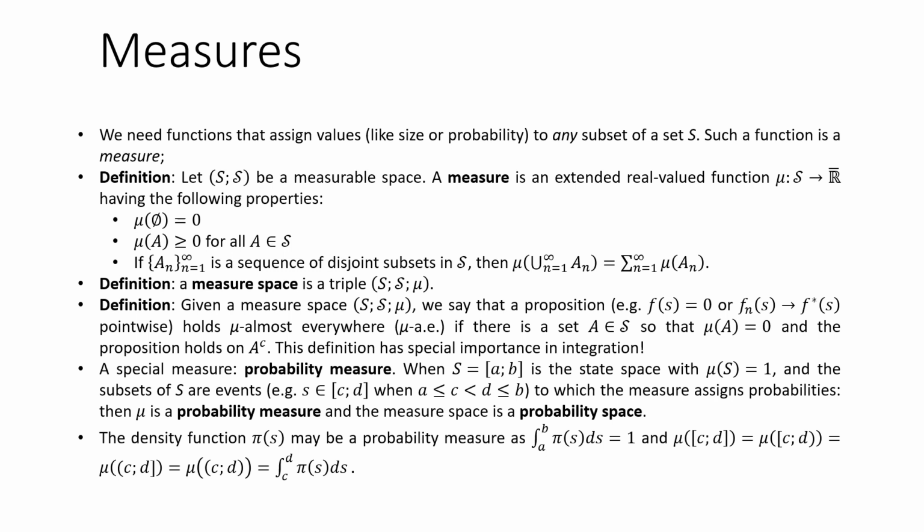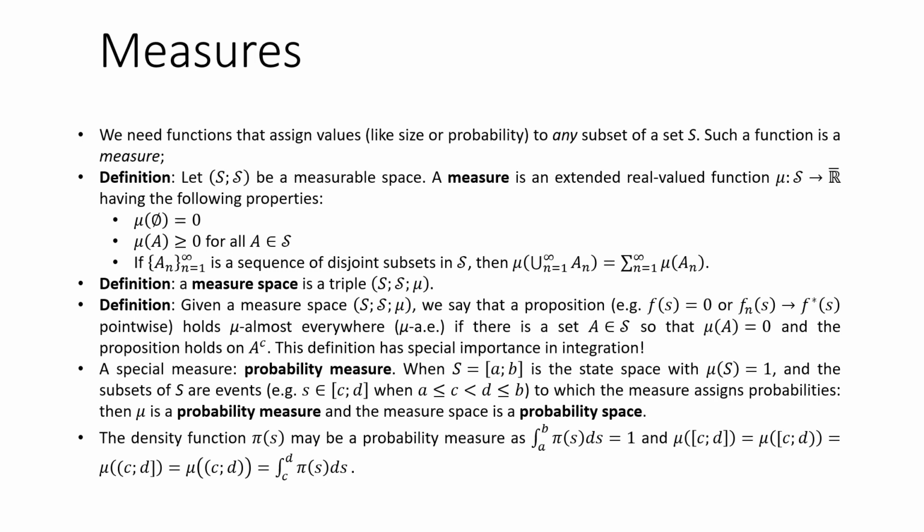This is a characteristic that holds mu almost everywhere if there is a set in the sigma algebra which has 0 measure, and the proposition holds on the complement of this set.